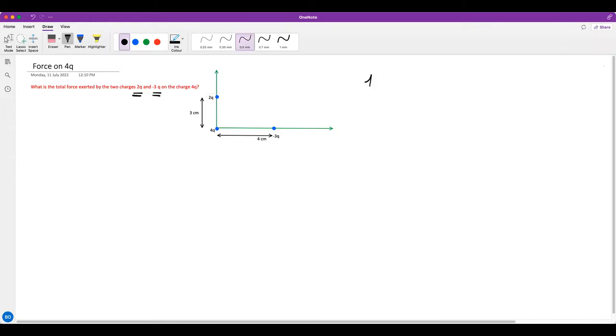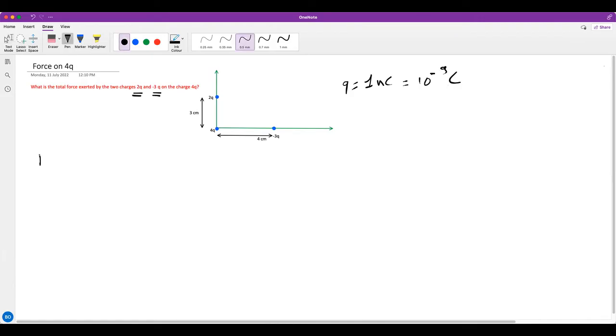We know that q is equal to 1 nanocoulomb, so it's 10 to the minus 9 coulomb. Let's start with the first one, calculating the force exerted on charge 4q.